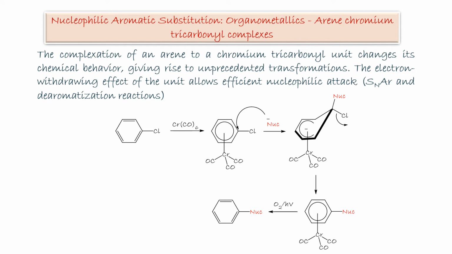So we have here chlorobenzene with chromium hexacarbonyl forming the tricarbonyl complex, which is then attacked by the nucleophile ipso again, on the same carbon as we have the leaving group Cl, repelling the Cl out. Aromatization gives back the aromatic system, and we can get rid of the chromium tricarbonyl by oxidation using oxygen and light to form the substituted product.